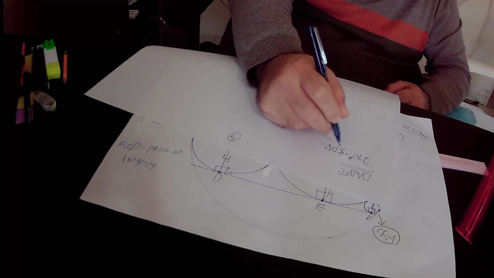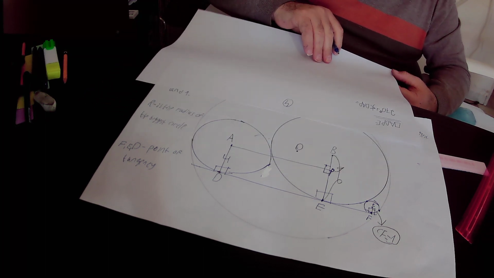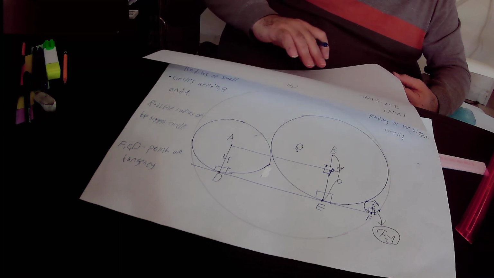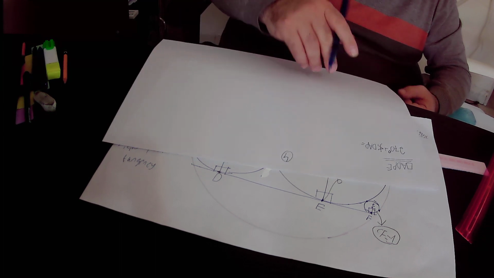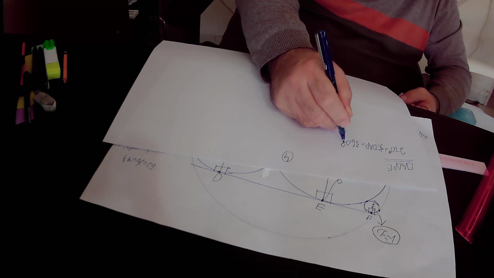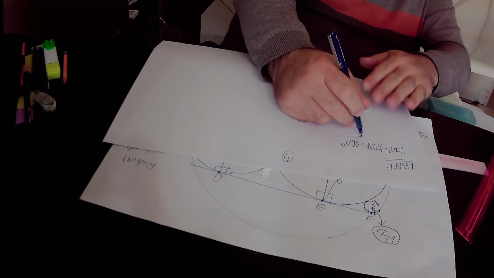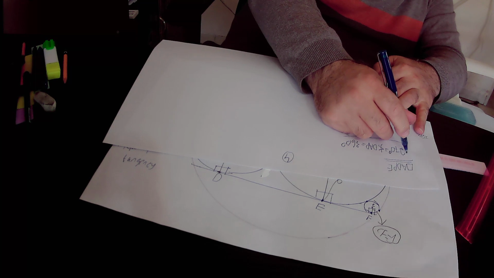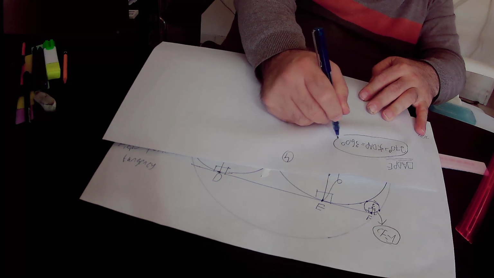In total, the sum of those 4 angles must be equal to 360 degrees according to the rule that the sum of the angles in any quadrilateral is equal to 360 degrees.